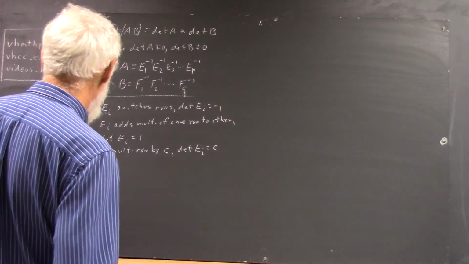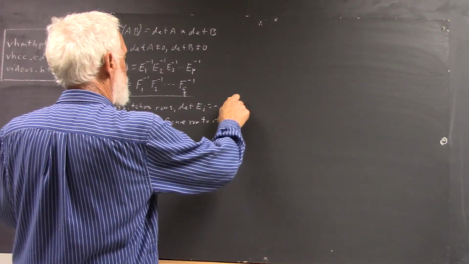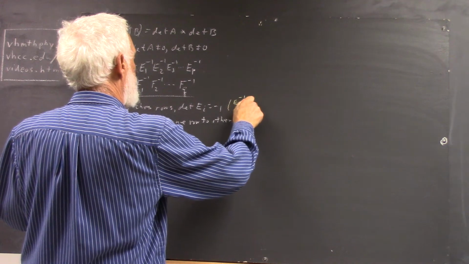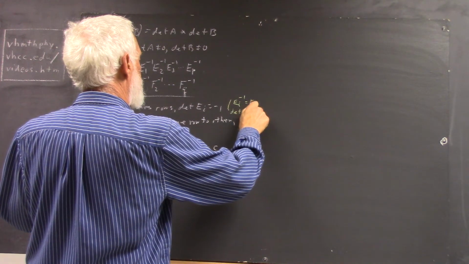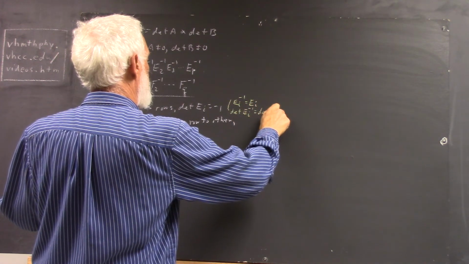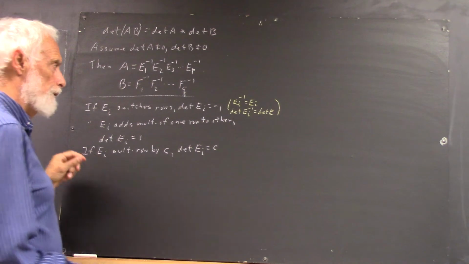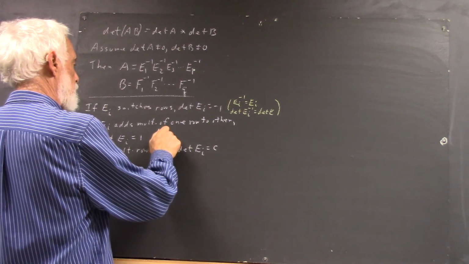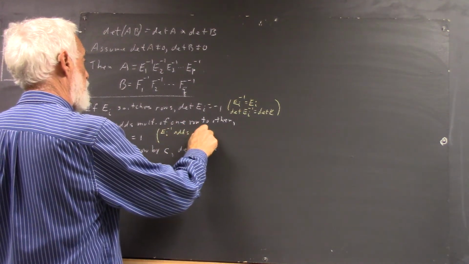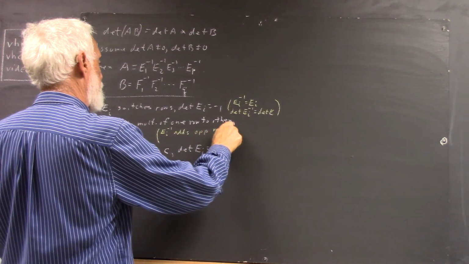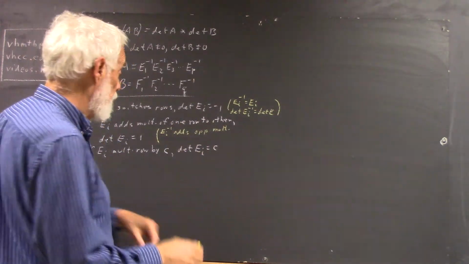So we can also fill in here. In this case, E I inverse equals E. The determinant of E I inverse equals the determinant of E. If you add a multiple of one row to another, the determinant of E I is 1. E I inverse adds the opposite multiple of that same row to the other, and that undoes the operation.